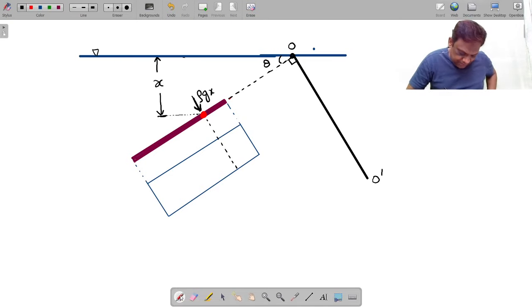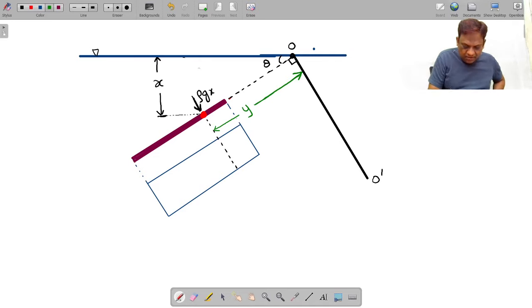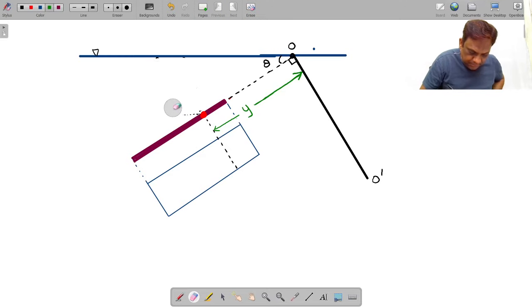This is x. Let us take this as y. What is this vertical distance? X. This is y. It's like this. Okay, 1 second. Please don't be in a hurry. Let me do it very clearly, क्योंकि confusion नहीं होना चाहिए. That is the main aim.